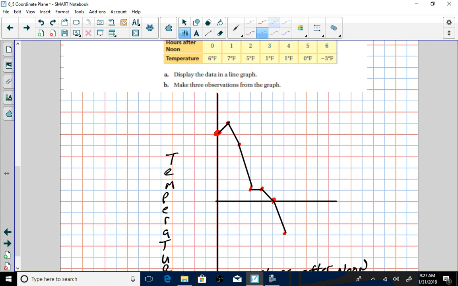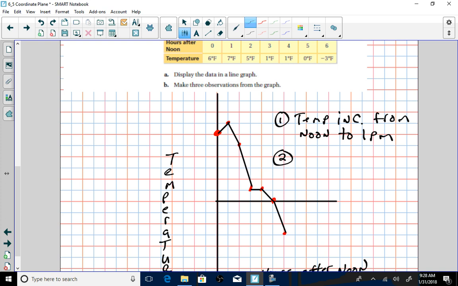We're asked to make 3 observations. All right, well, what can we tell from the data? Well, we could see the temperature rose from noon to 1. So observation number 1, I can say the temperature increased from noon to 1 p.m. Right, that's one observation.